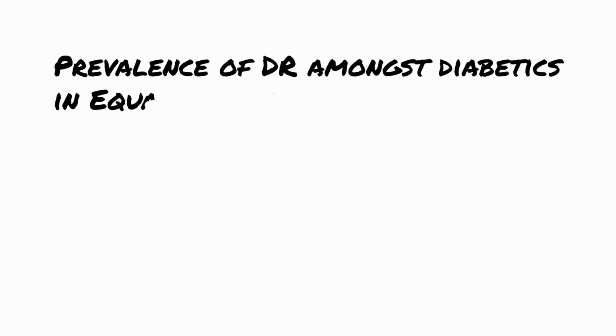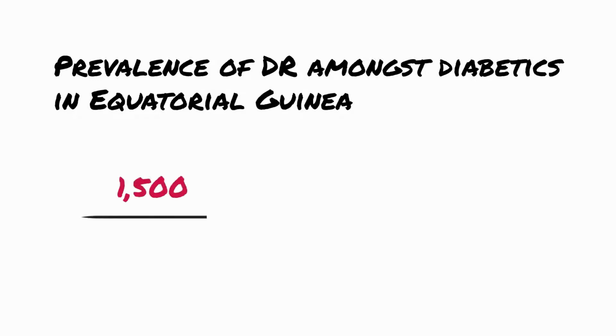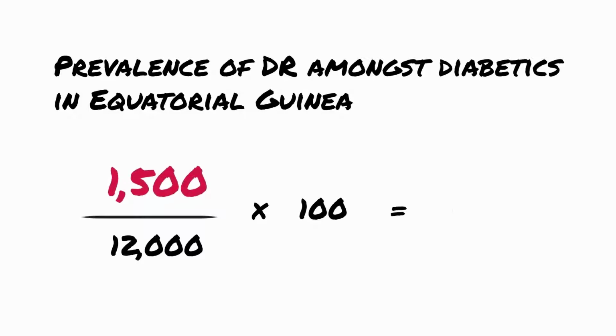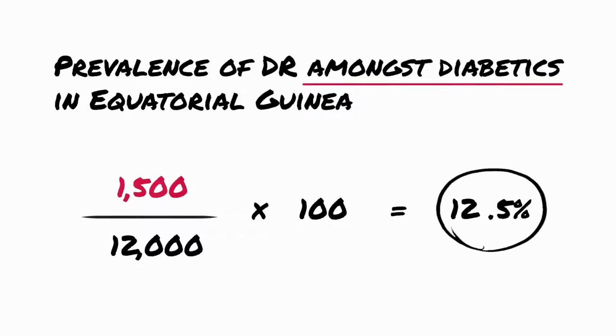To calculate the prevalence of diabetic retinopathy, we divide 1,500 by 12,000 and multiply by 100. That is, we divide the number of people with diabetic retinopathy, which is 1,500, by the number of people at risk, which is the number of people with diabetes, which is 12,000. This gives us a prevalence of diabetic retinopathy amongst diabetes patients of 12.5% in Equatorial Guinea.